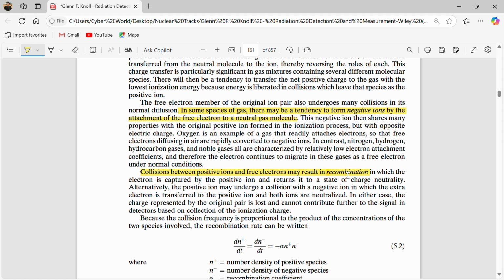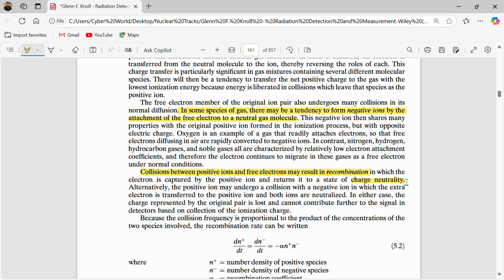The electron is captured by the positive ion and returns to a state of charge neutrality, because whenever an electron is captured by a positive ion, they form a neutral charge. So recombination means they form a state of charge neutrality.